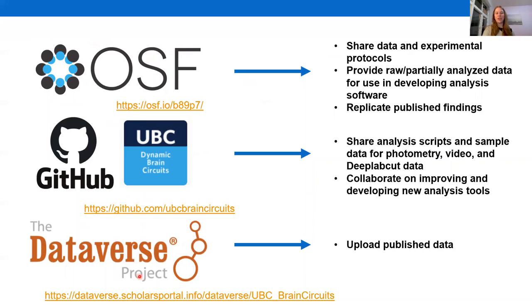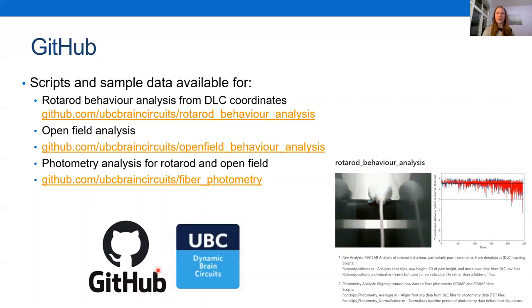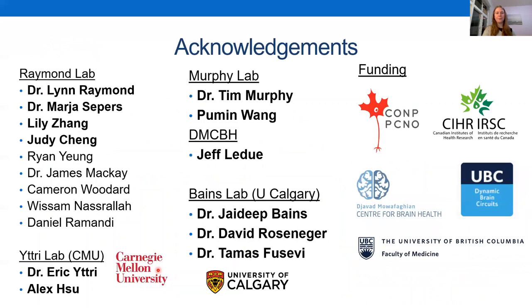And the Dataverse project is where published data will be uploaded as well. And I just wanted to include a few links here. So I have scripts and sample data available online for rotarod behavior analysis, open field analysis, and photometry analysis. And there'll be more available soon. And this is on the UBC Dynamic Brain Circuits GitHub.